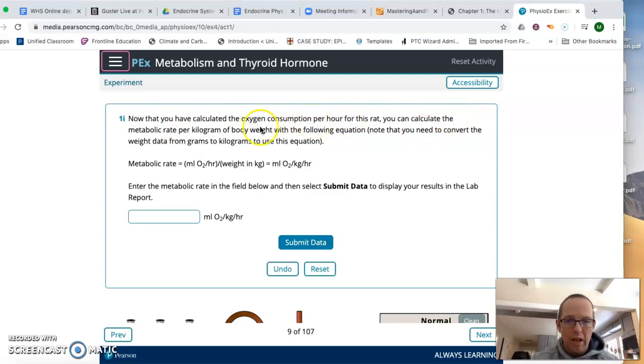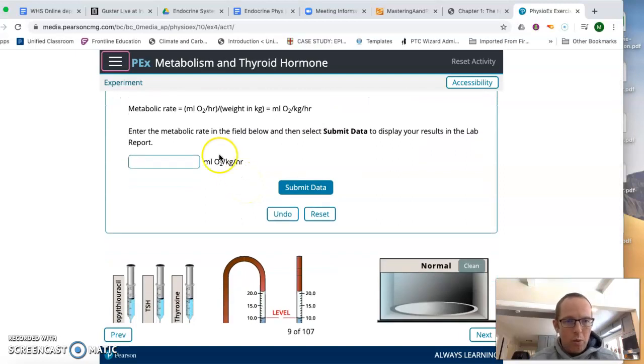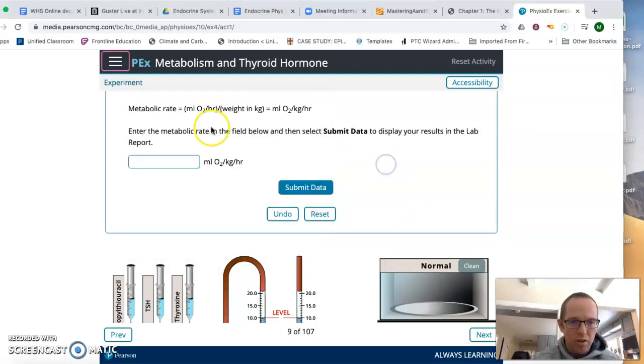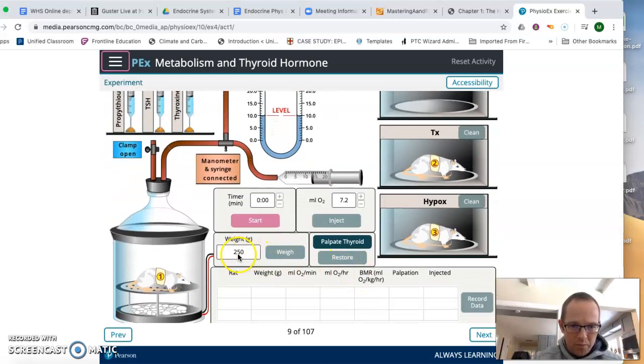And what we want to do now is convert that to a metabolic rate per kilogram of body weight. That's actually how the basal metabolic rate is calculated. So we're going to take the milliliters of oxygen per hour, and that is 432, and we're going to divide by the weight of the rat in kilograms. So if we scroll down, the rat is 250 grams.